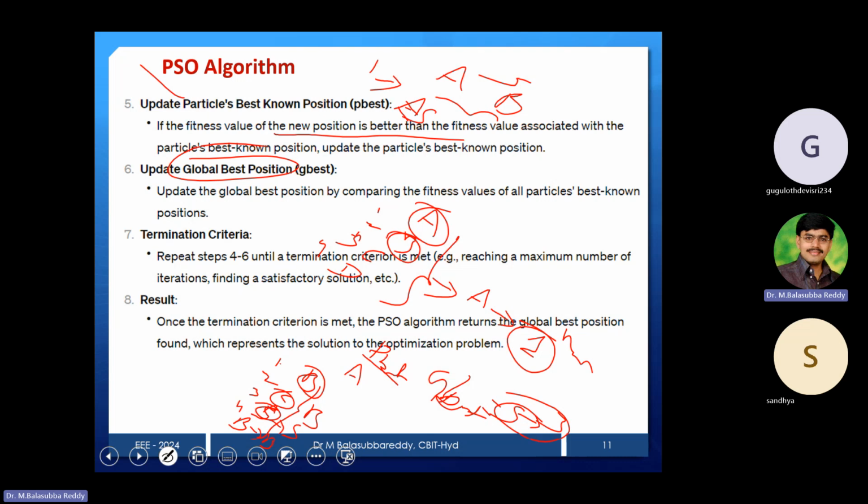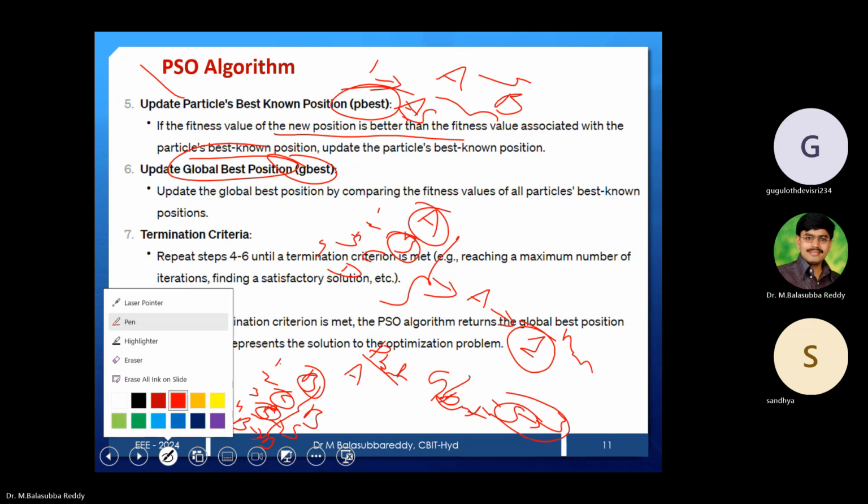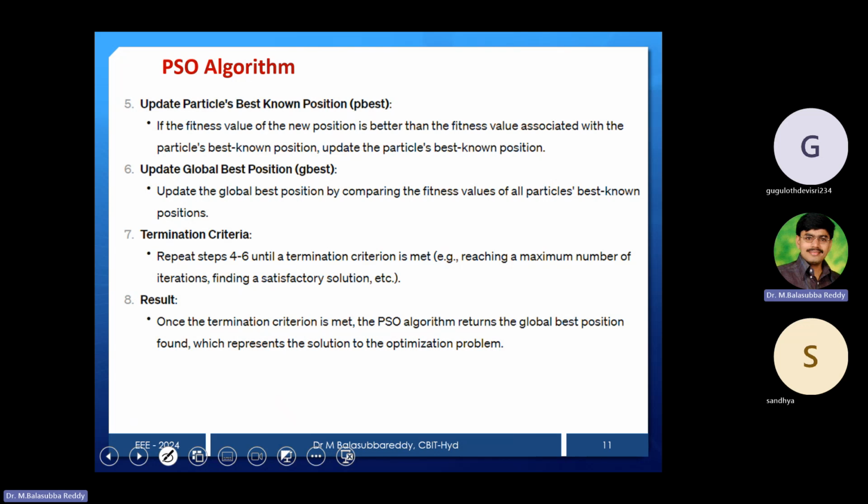Earlier we updated the P best, and later we can update the G best. This is the way we have to update the P best as well as the G best. Now, termination criteria: repeat steps 4 to 6 until the termination criteria is met.